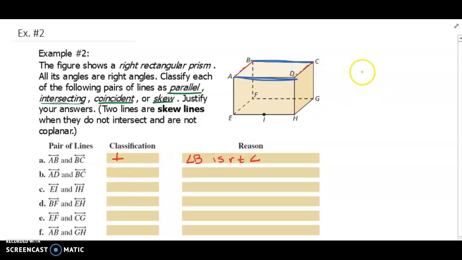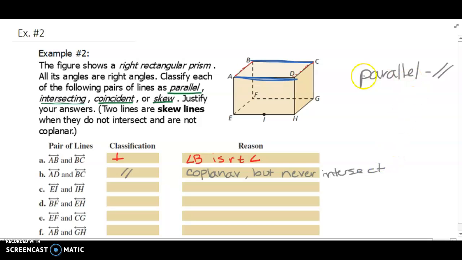Now, guys, the symbol for parallel is like this. It's like two sideways lowercase l, so I'm just going to put that there, parallel. Because they are coplanar, but never intersect. Okay, so they can go on and on and on, and they would still never intersect. And once again, this is parallel.